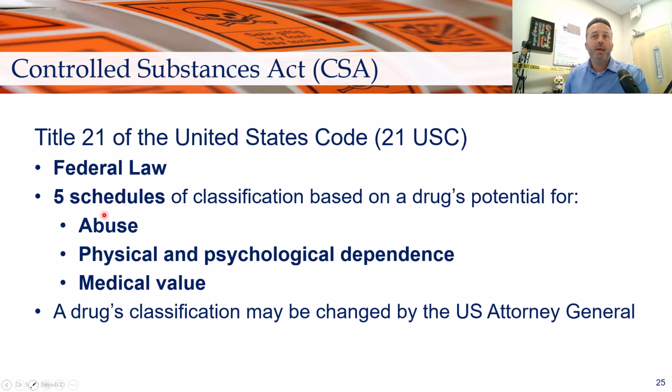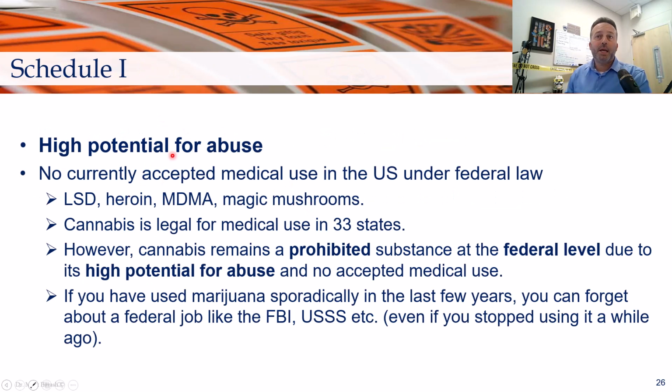The schedule is based on each substance's medicinal value, risk of harm, and potential for abuse or addiction. The extent to which a drug is controlled depends upon the schedule into which it is placed. From time to time, the drug classification is updated due to constant production of new derivatives or analogs of the known drugs. So here's Schedule 1, which is reserved for the most dangerous drugs that have no recognized medical use.